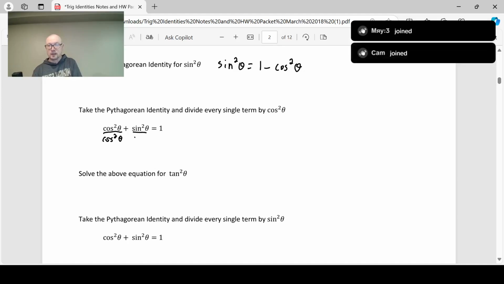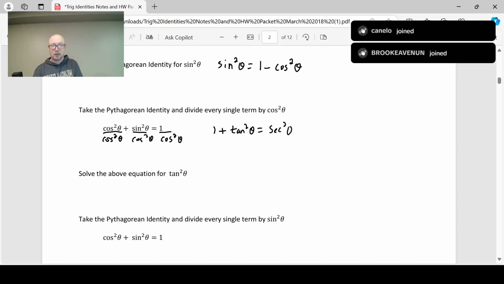Okay, so if we look at this here, we divide everything by cosine squared theta, and then that would equal 1 plus, and then sine divided by cosine is tangent, so this would be 1 plus tangent squared theta is equal to 1 over cosine squared, which is going to be secant squared theta.